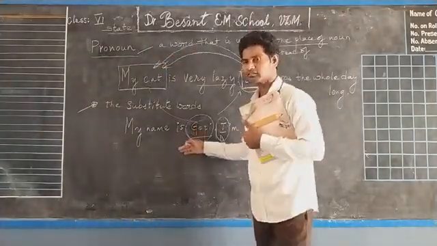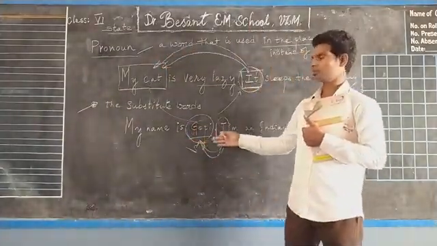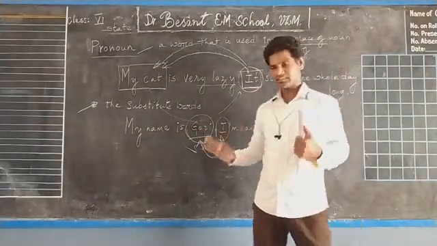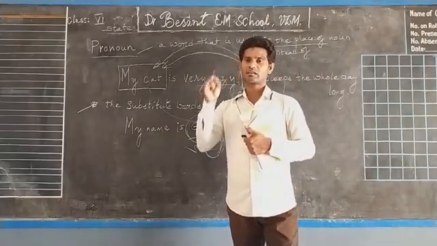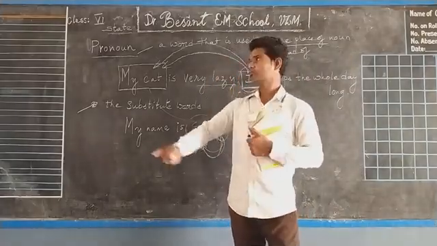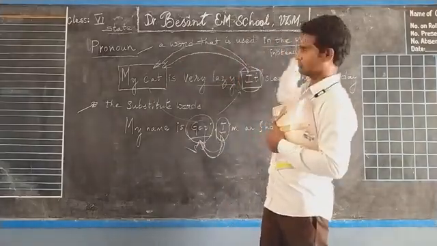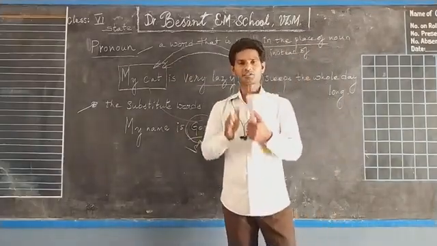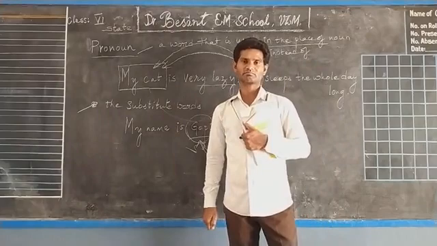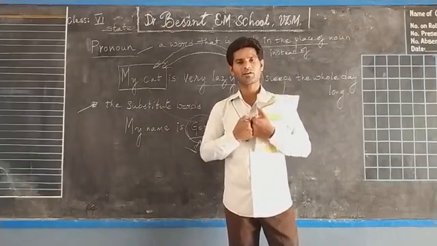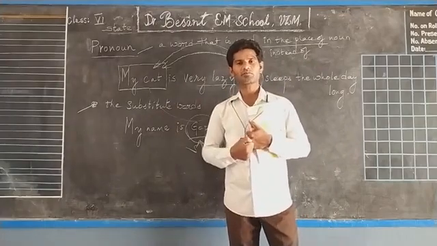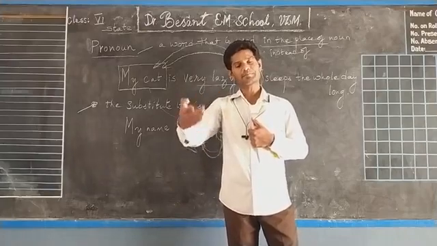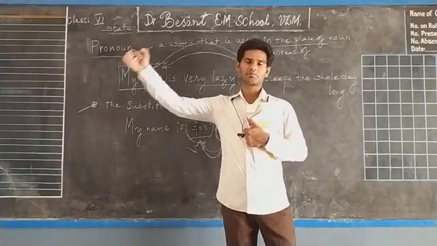It's a substitution word. This is what we call a pronoun. In simple terms, a pronoun is a word that is used in the place of a noun. Pronouns are also called substitute words. Why are we using pronouns? We use pronouns in order to avoid the repetition of nouns in our communication.